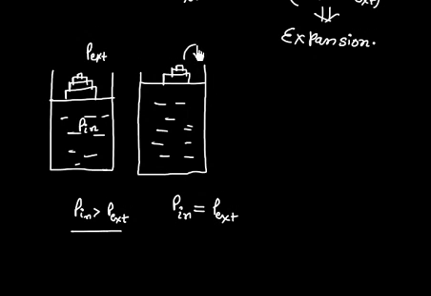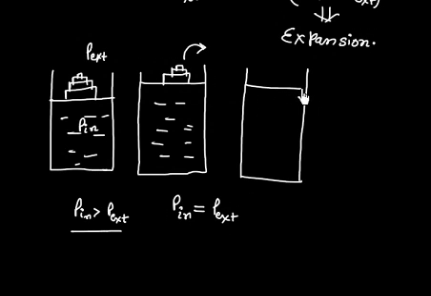So what will we do? We will remove this bit, that is, I am decreasing the P external. So now I will have a second situation. If I remove this bit, I will have this pressure. Now P external is slightly less, and P internal is again different. Let us call this P dash internal.